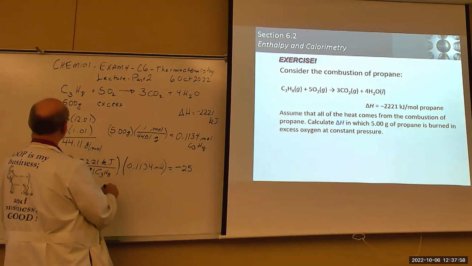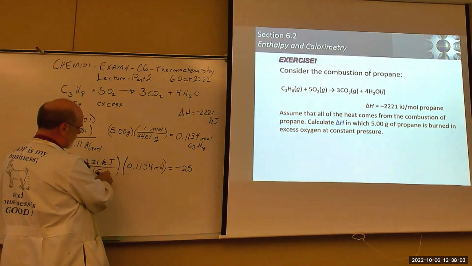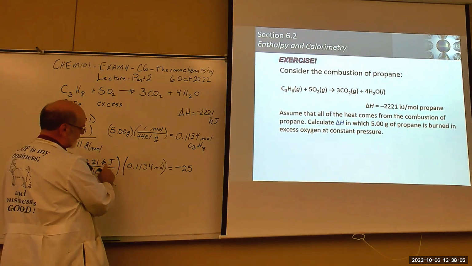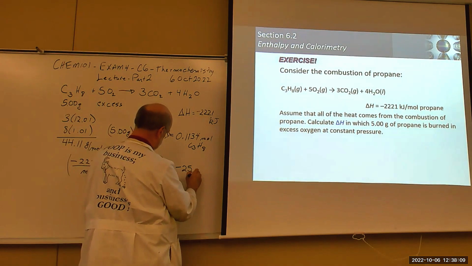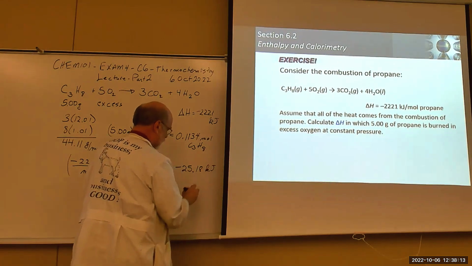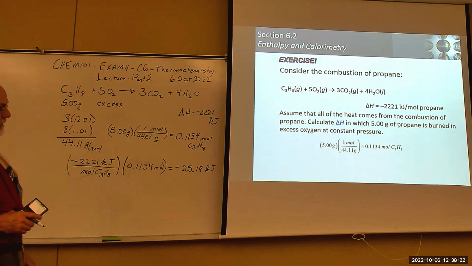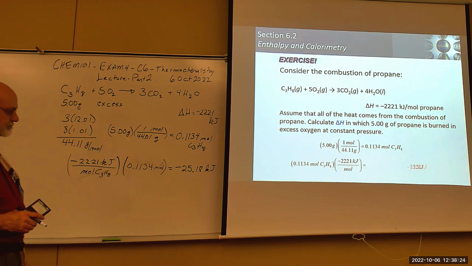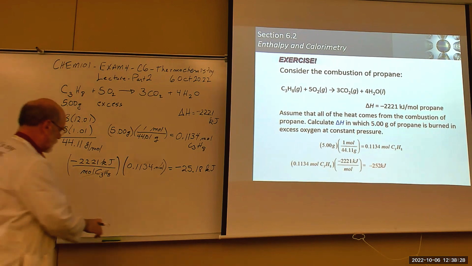Since this is a conversion factor, it's an exact number. This one is the one that determines the number of significant figures. 0.18 kilojoules. That's the heat that's evolved from this reaction if we burn 5 grams. Oops. Oh, I did read it wrong.